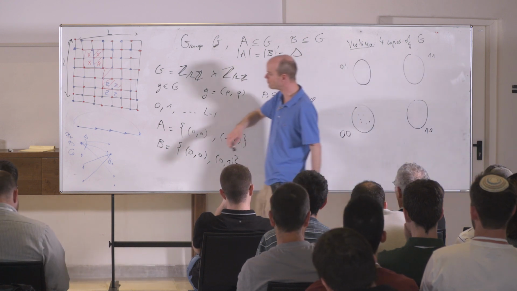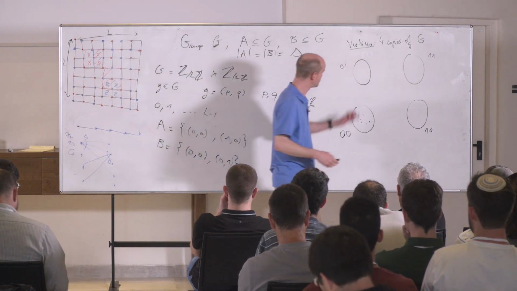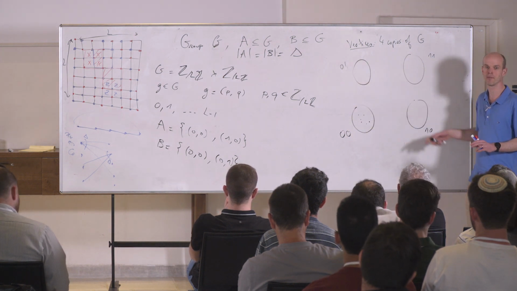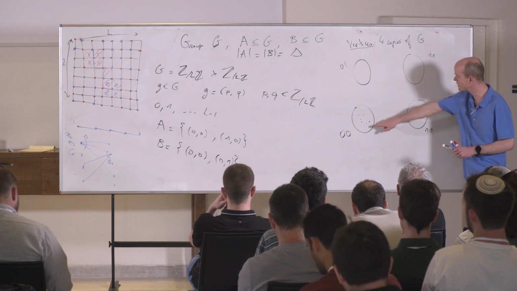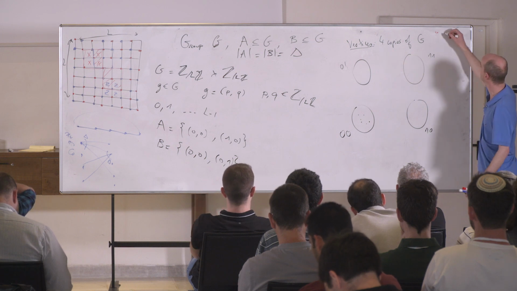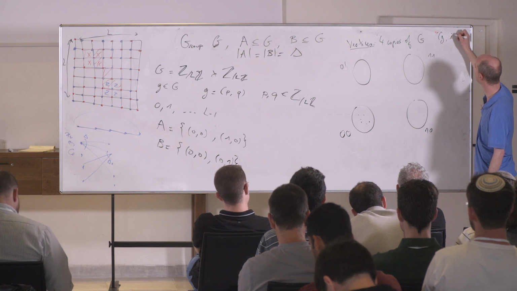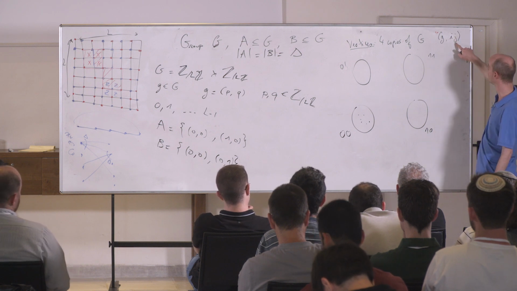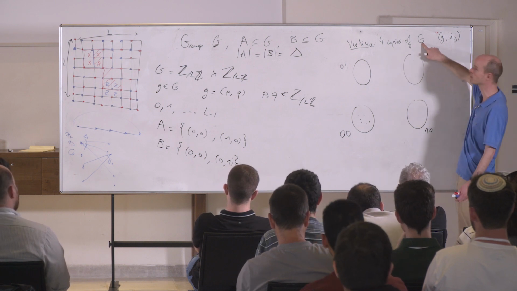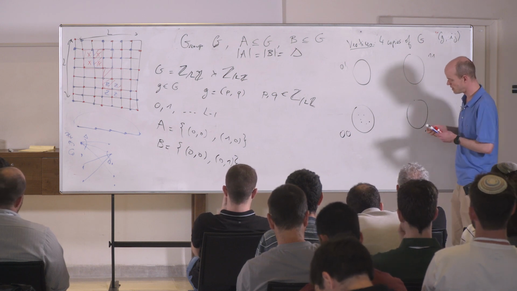When you have a bipartite graph, you can say the left vertices and the right vertices. Here I have 4 copies, so I need a label to distinguish these 4 types of vertices. Any vertex in my complex is labeled by some g and some ij, where g is an element of the group and i, j can be 0 or 1. So the number of vertices is 4 times the cardinality of G.